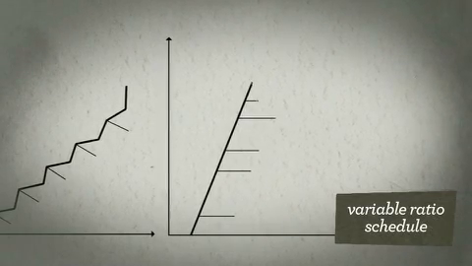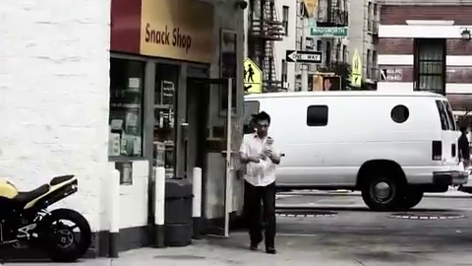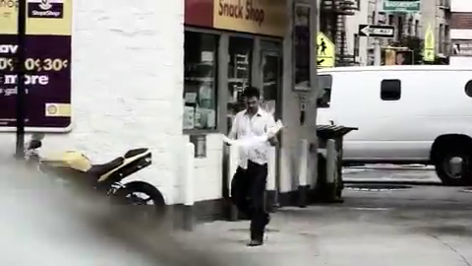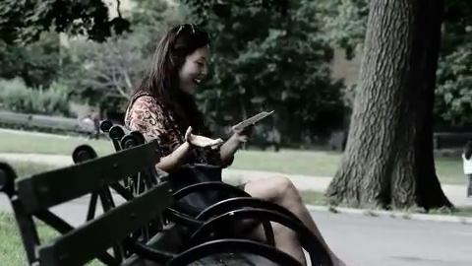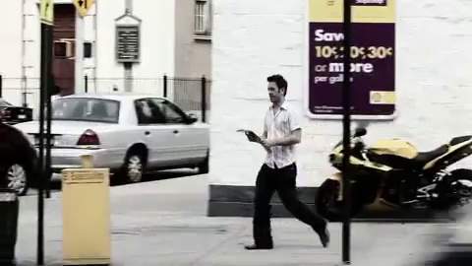One of the schedules is called the VR, or variable ratio schedule, in which a varying number of responses are required to make that feeder operate. The ratio between the number of responses and the reinforcers keeps changing. That's why we get really excited if we're playing roulette or a slot machine or something, because it could be this one, it could be this. The next one could produce $1 million.